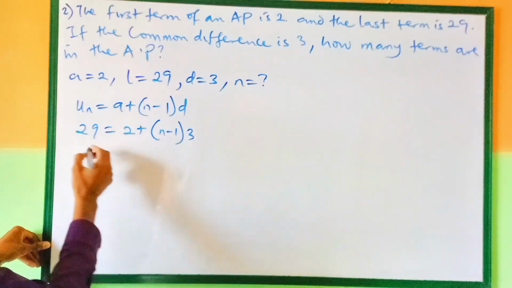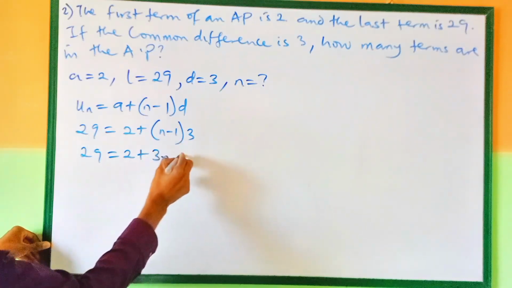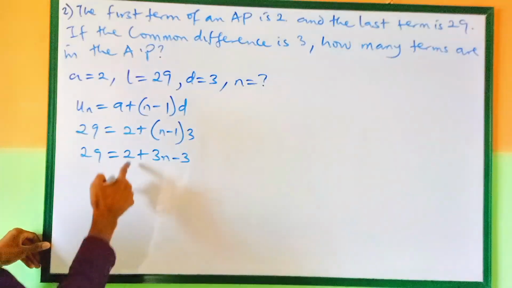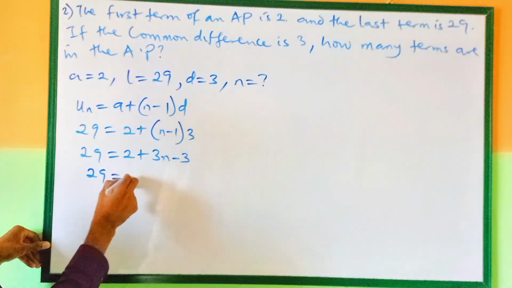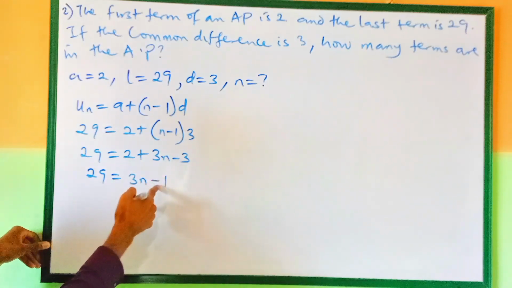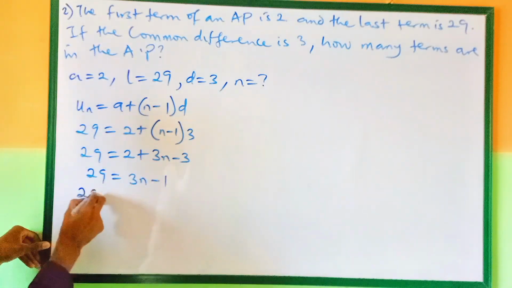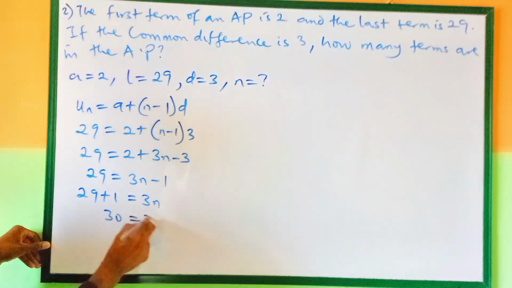Okay? So you open this bracket: 29 will be equal to 2 plus 3N minus 3. 2 minus 3 is minus 1. So your 29 is equal to 3N minus 1. So this minus 1 crosses the bridge. You have 29 plus 1 equals 3N. 30 equals 3N.